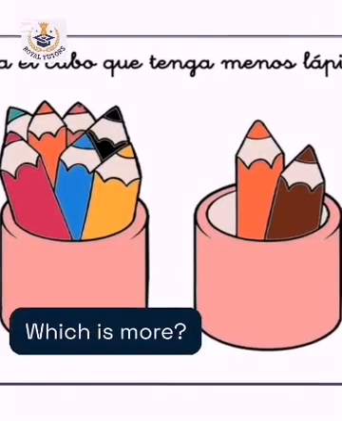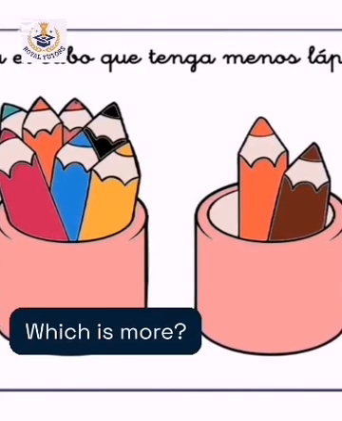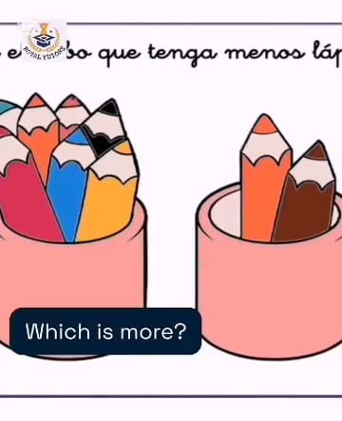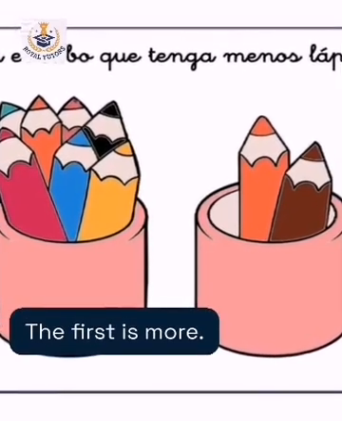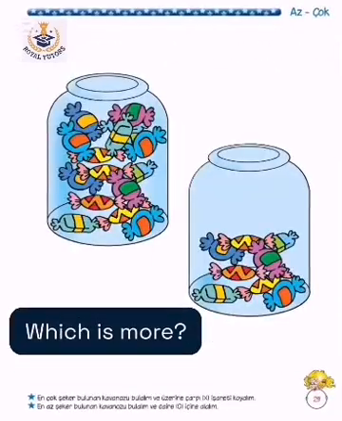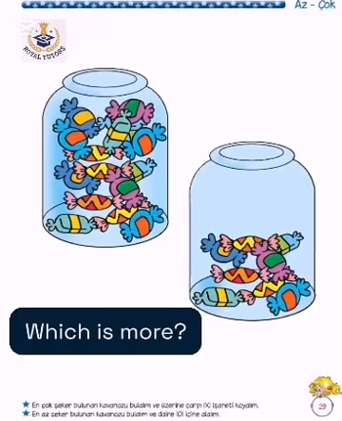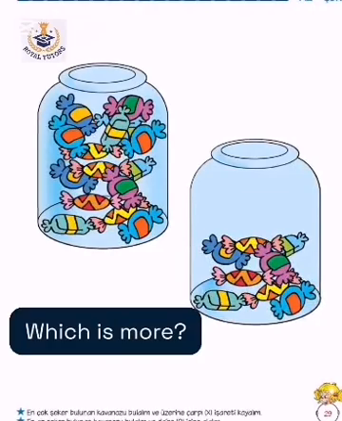Here is a picture of a crayon pencil, the first and the second diagram. Which is more? Of course, the first is more. Here is another picture of a jar with sweets. Which is more?